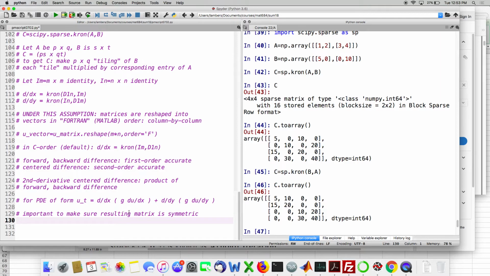Any other questions? Okay. Well, in Python, it's not a tick function.